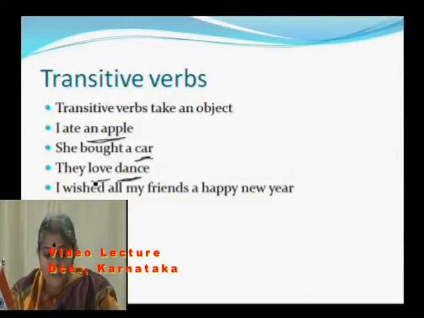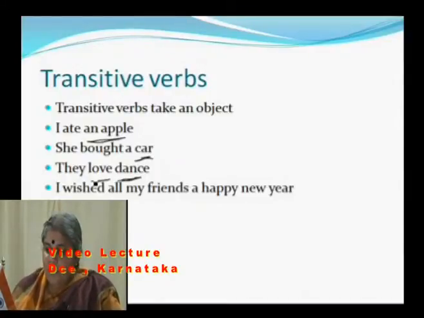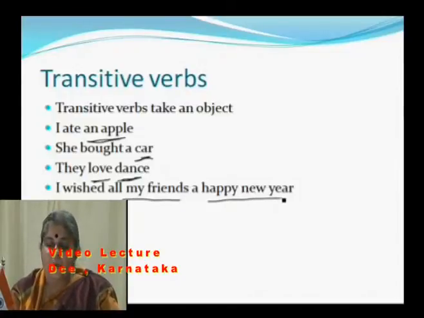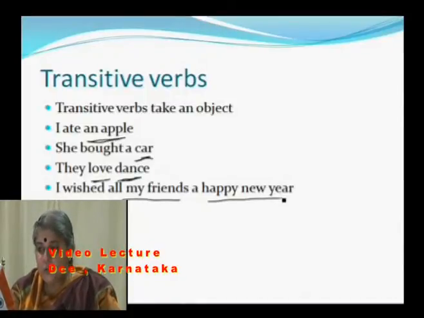Then, I wished all my friends a happy new year. There are two objects here. I wished all my friends is one object. A happy new year is another object. So, you have object number 1 and object number 2. I ate an apple, an object.